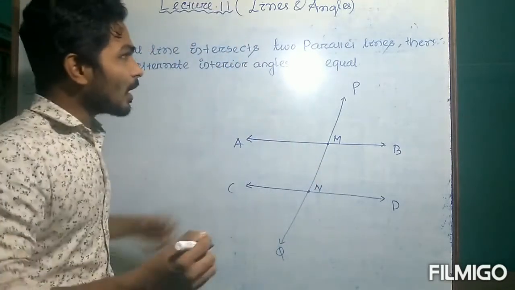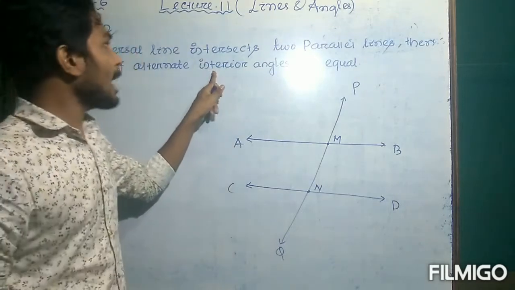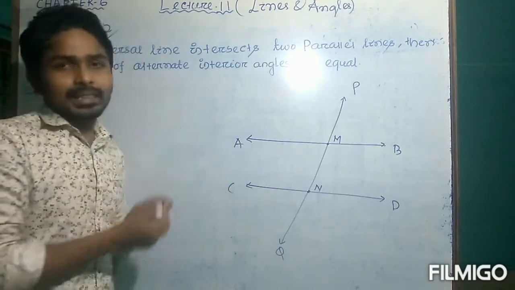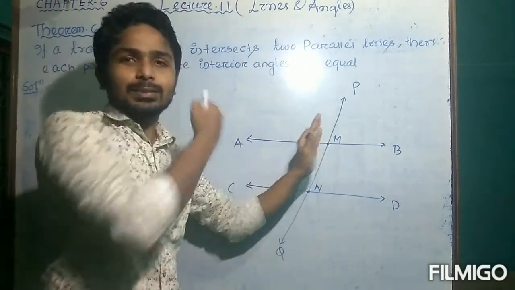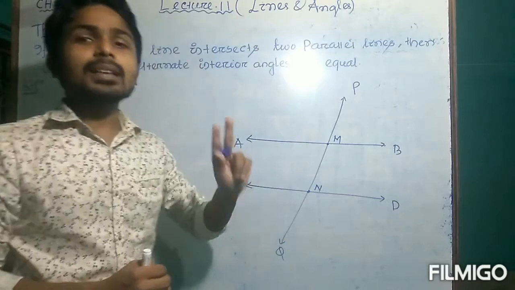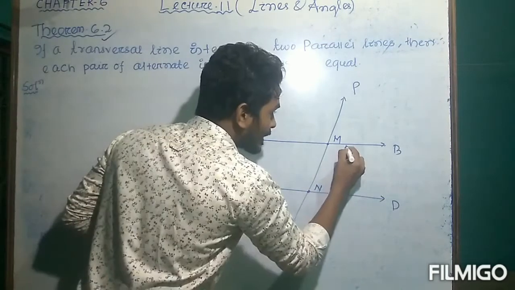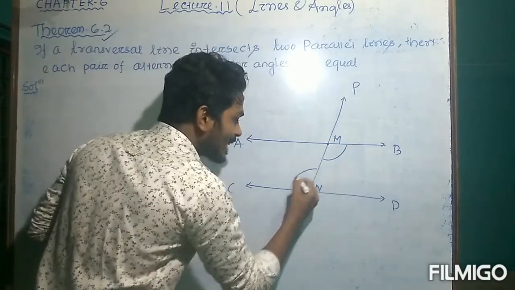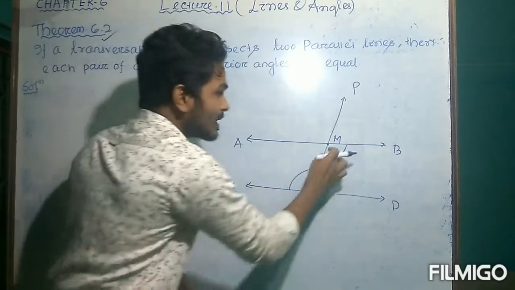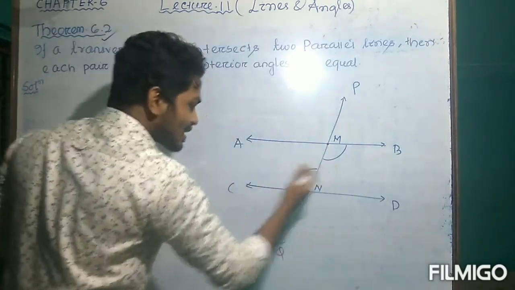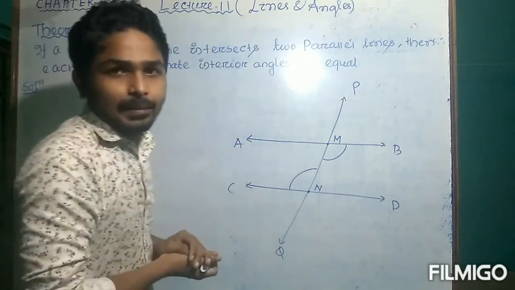As I have told you, alternate interior means the two angles must be interior and on opposite sides. One angle should lie towards this side and another angle towards this side. Then the two angles are known as alternate interior angles. So here this angle and this angle are alternate interior, because this angle lies towards this direction and this angle towards that direction, and both are on the interior side.